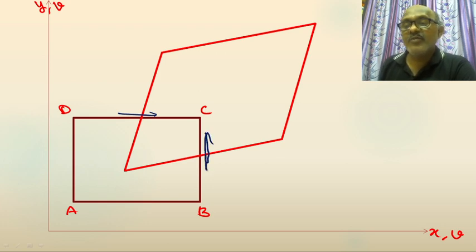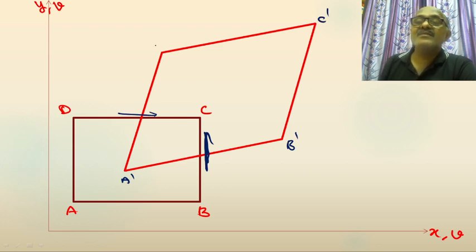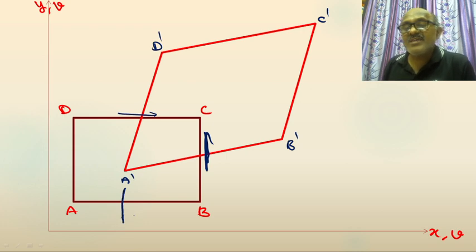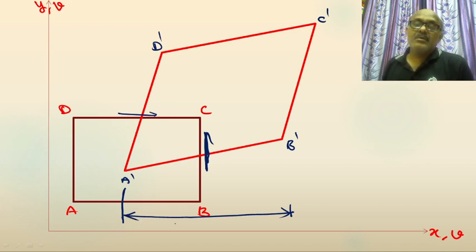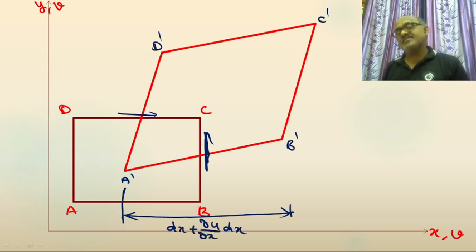Because of the shear force, this differential element A, B, C, D becomes A dash, B dash, C dash, D dash. Yes, my dear students. Now we already found this one. What is the A dash B dash final length? This A dash B dash final length is nothing but dx plus dou u by dou x into dx.